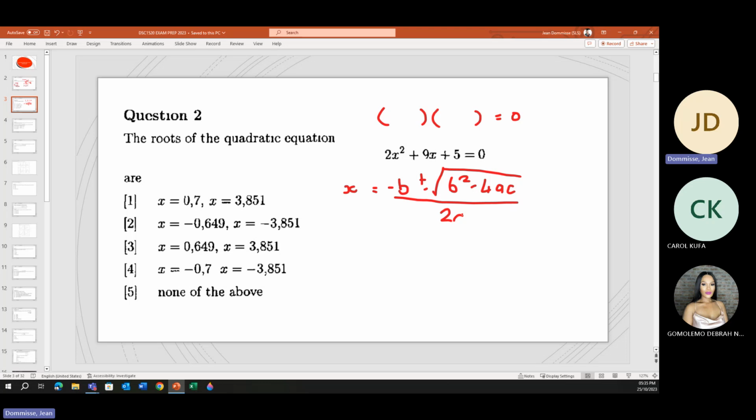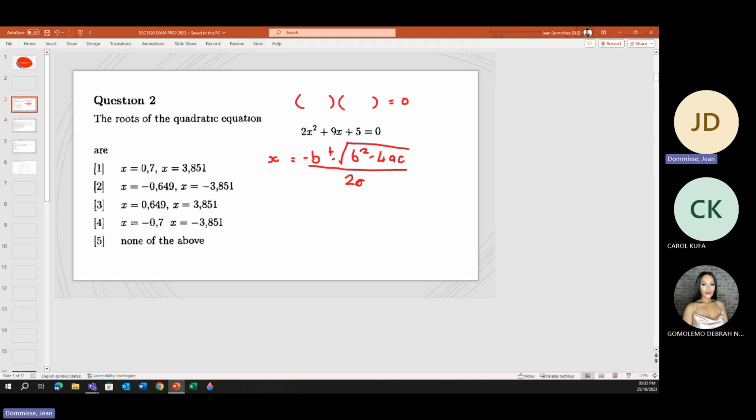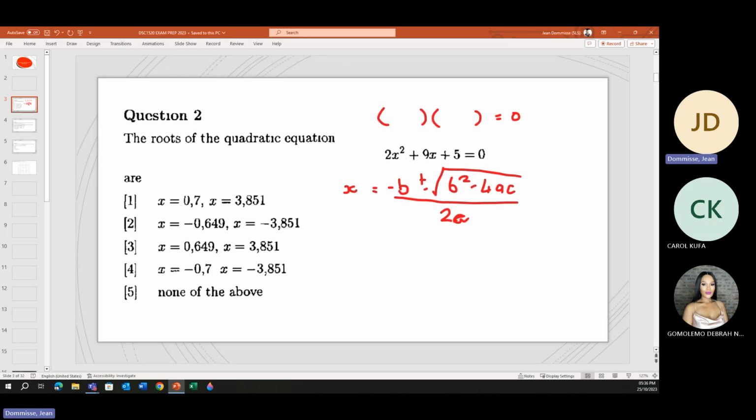Okay, so again, the reason I automatically go to that formula is because I see out of the answer sets that I will not get a nice rounded number, so I will not just be able to factorize. So unfortunately, we will need to take the long step with this. Okay, so let's see.